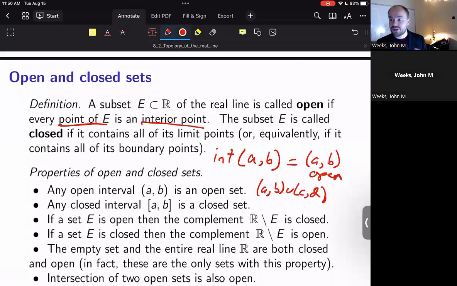There's going to be plenty of sets that are neither open nor closed, a lot that's in the ether there that has neither of those two labels. But we do know that open intervals are going to be open sets.